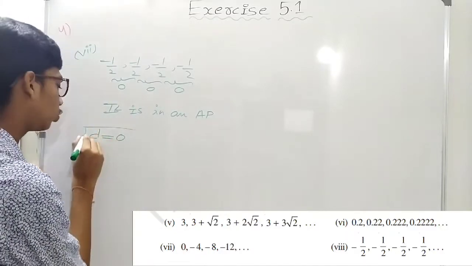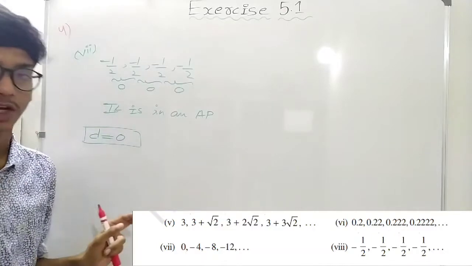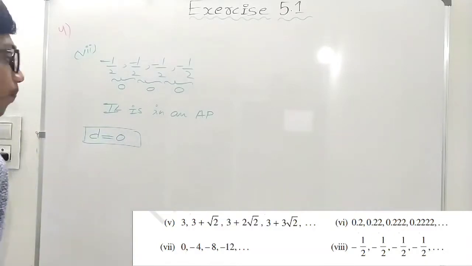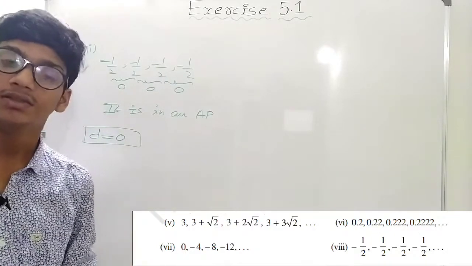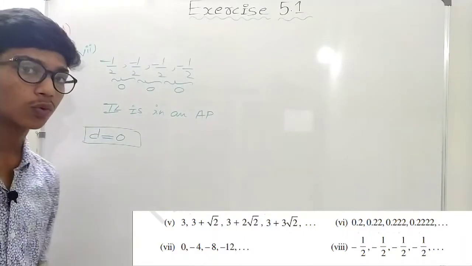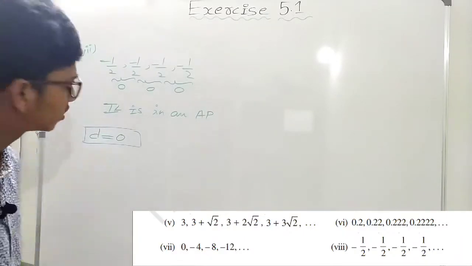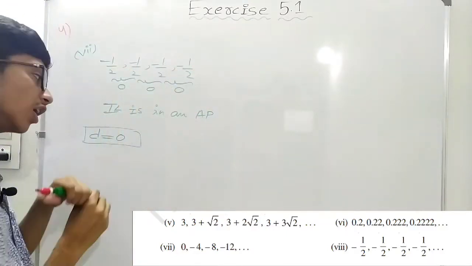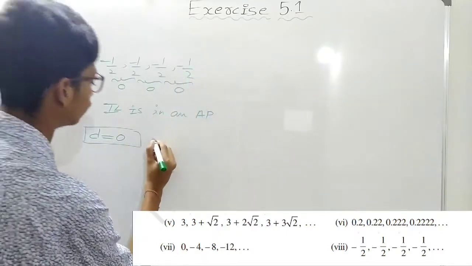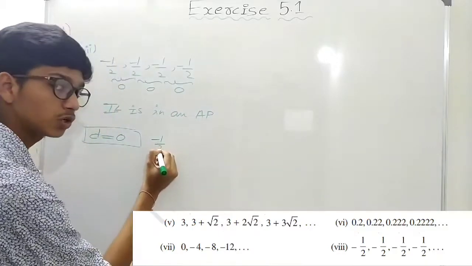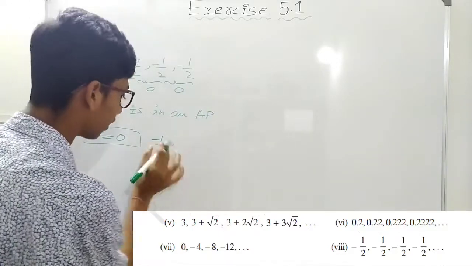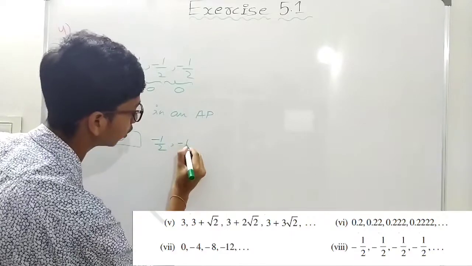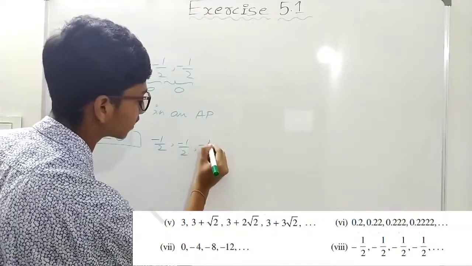To find the next three terms, simply add the common difference to the last term. We will get -1/2 plus 0, -1/2, and -1/2 plus 0, -1/2, and -1/2.